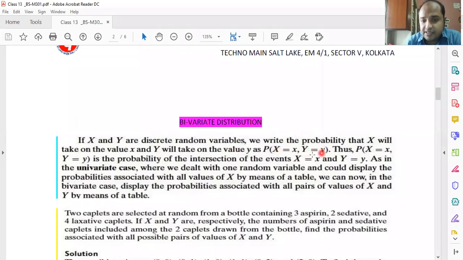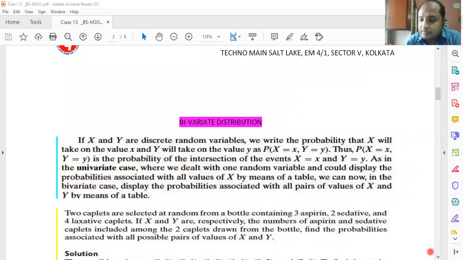If this pair of random variables has this kind of probability distribution, such a distribution is called a bivariate distribution because the number of associated variables is 2. In my previous examples, in the binomial case and Poisson case, we always considered the univariate case because the number of random variables was 1 only.